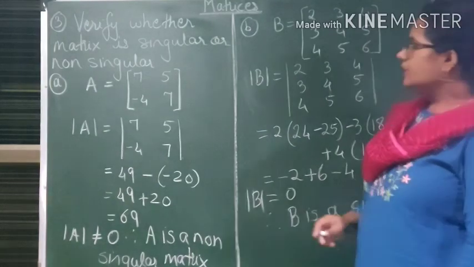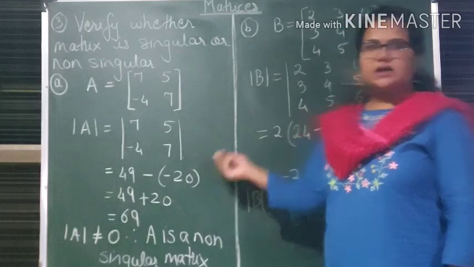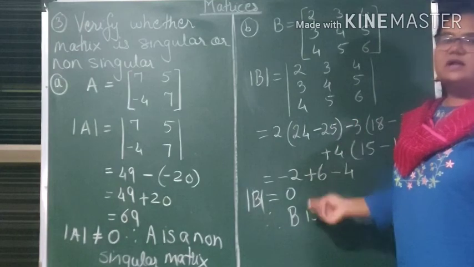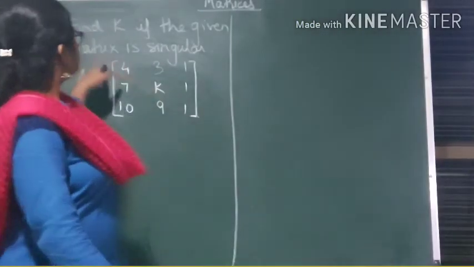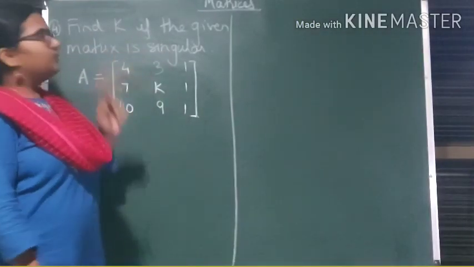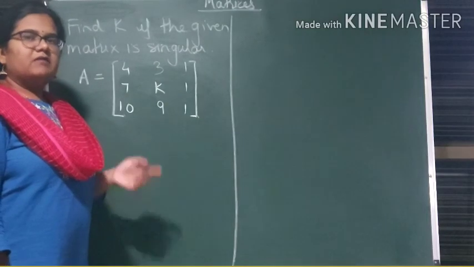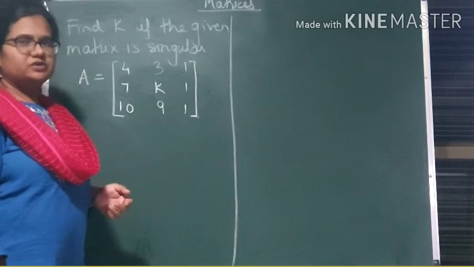Yes, clear? So when the determinant value is not equal to 0, it is non-singular, and when the determinant of the given matrix is equal to 0, then it is a singular matrix. Clear? Now, next example is find K if the given matrix is singular. In the previous example we have seen when the matrix is singular, then determinant value is equal to 0.